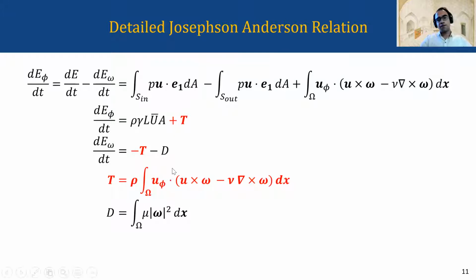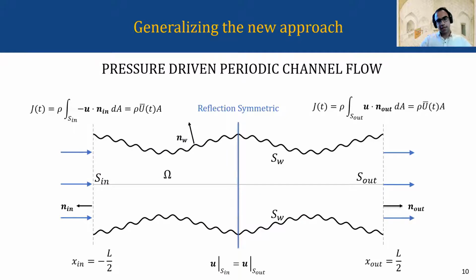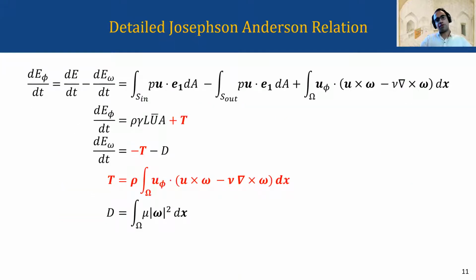And so coming back, for this case, it means that if you have an average pressure gradient equal to gamma, then again you'll have these relations where the potential part of the flow is taking energy in some sense due to this pressure drop, which is equal to gamma, and the T term is taking energy out of the potential part and putting it into the vortical part.